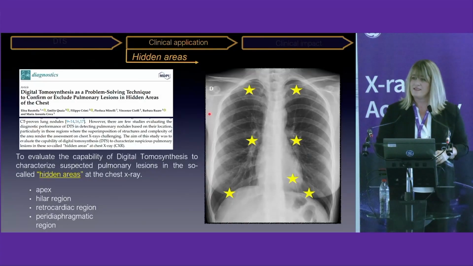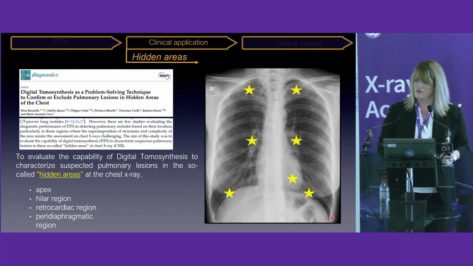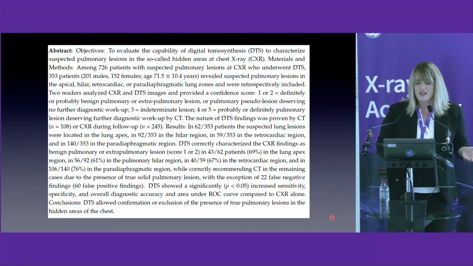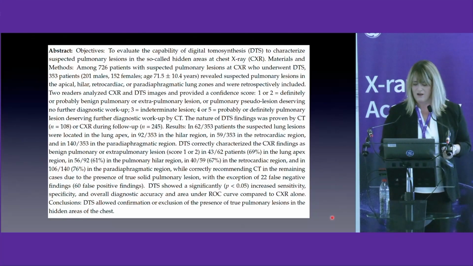Let's move to the hidden areas, which is a very interesting topic because those areas, so the apex, the hilar region, the retrocardiac region, the peridiaphragmatic region, are very difficult to examine on chest X-ray. And so we want to evaluate the capability of digital tomosynthesis to characterize a suspected pulmonary lesion in the so-called hidden areas.